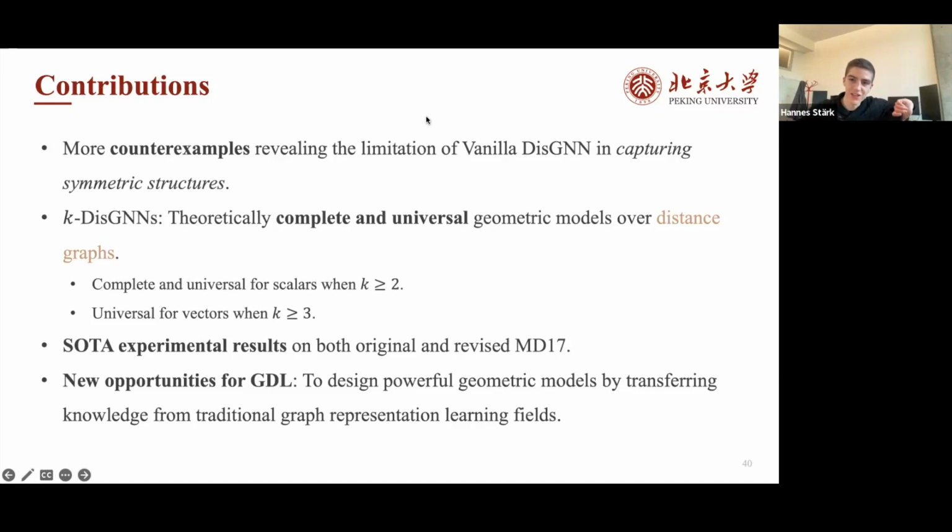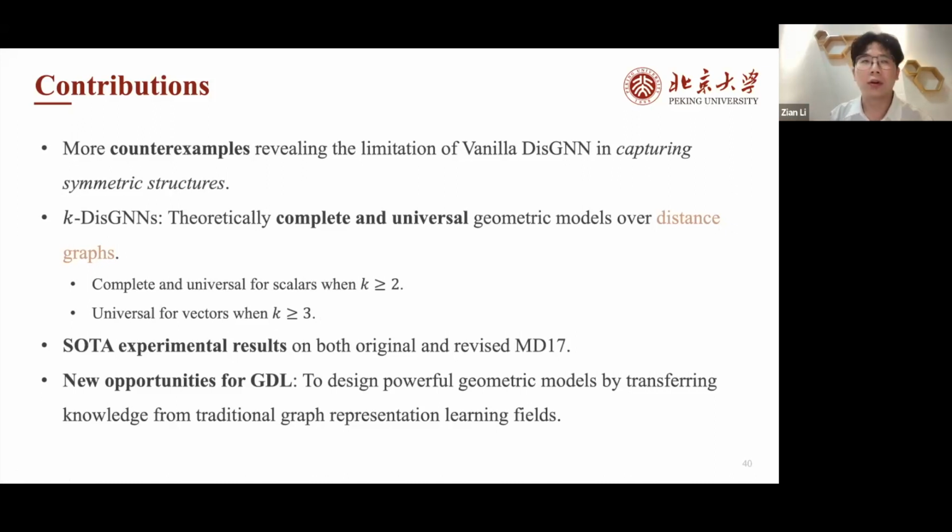Okay, then we have one last question by Hauran. What is the computational complexity for k-DisGNN? And also compared to DimeNet and GemNet, maybe you can talk a little bit about how the runtime is in practice. Yeah, thanks for the question. The complexity of k-DisGNN, for example for kF and kE-DisGNN, is n to the power of k+1 in time.